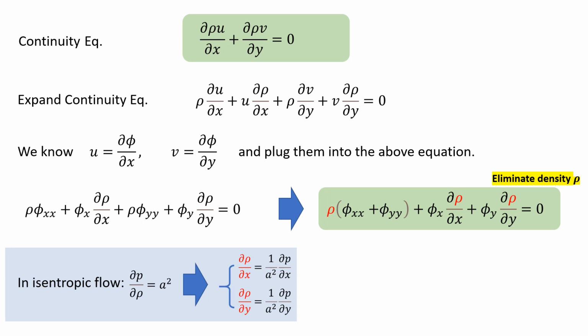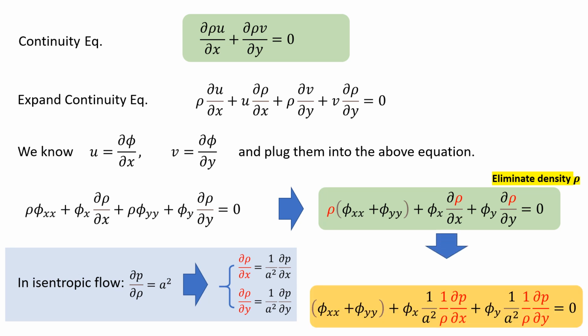In a high-speed or compressible flow, if the flow is isentropic, then the speed of sound can be calculated this way: partial p partial rho equals a squared, where a is the speed of sound. Then we can find partial rho partial x and partial rho partial y from the above equation, and by plugging them in we can get this equation.